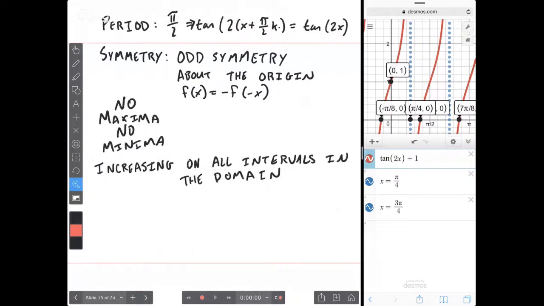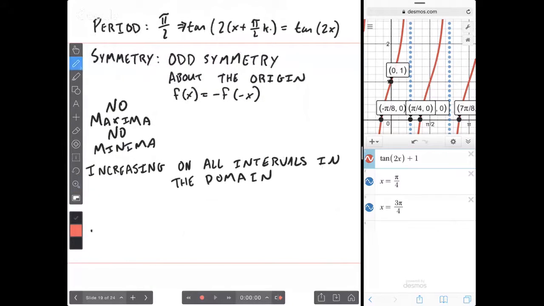Asymptotes. At x equals, we already did this, but it was pi over 4 plus pi over 2k. Probably don't need to set notation there.